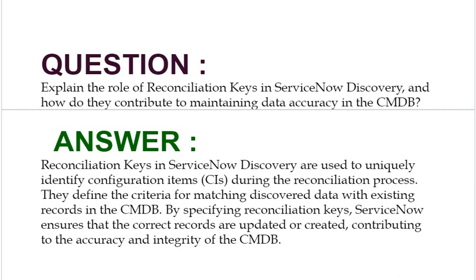They define the criteria for matching discovered data with existing records in the CMDB. By specifying reconciliation keys, ServiceNow ensures that the correct records are updated or created, contributing to the accuracy and integrity of the CMDB.